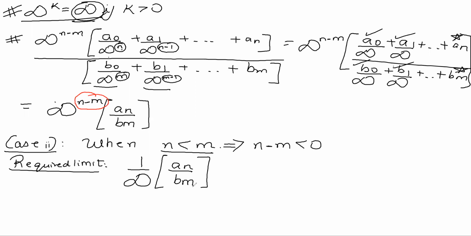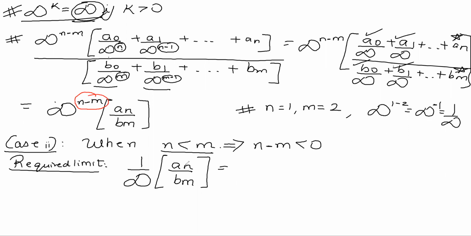I hope students have understood this. For example, suppose my n is 1 and m is 2. Infinity to the power 1 minus 2 will be infinity to the power minus 1, which will be 1 upon infinity.